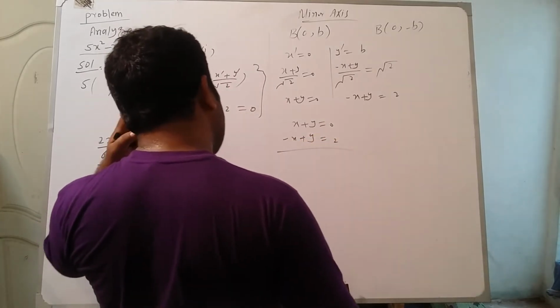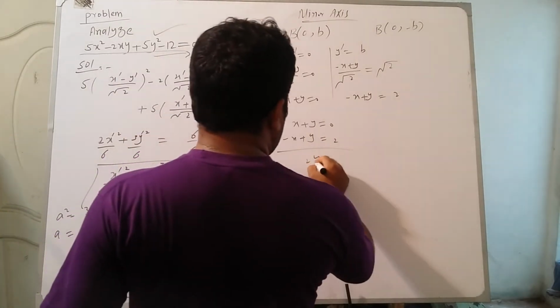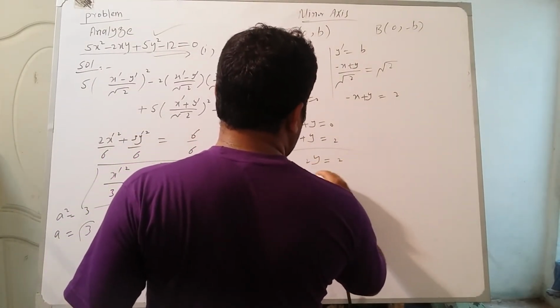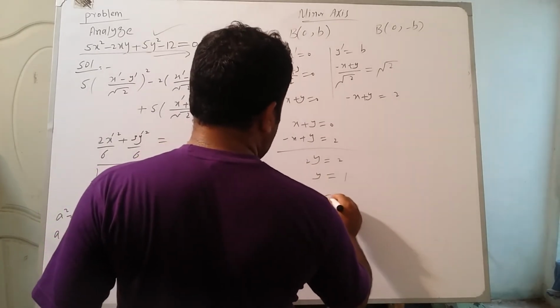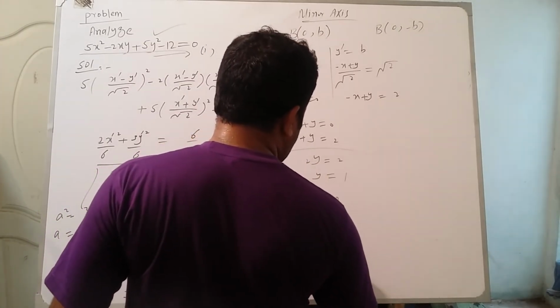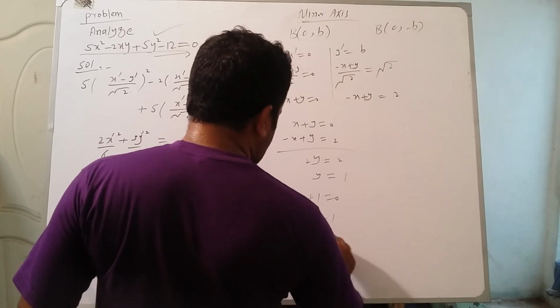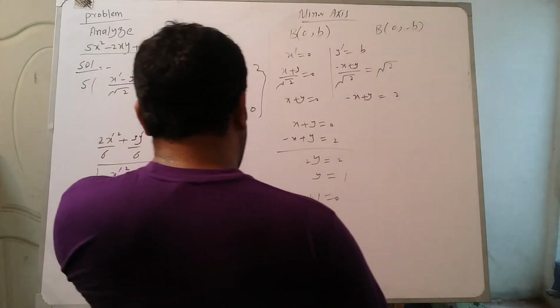After adding, 2y is equal to 2, y is equal to 1, and x plus 1 is equal to 0, x is equal to minus 1. So (minus 1, 1) is our B.